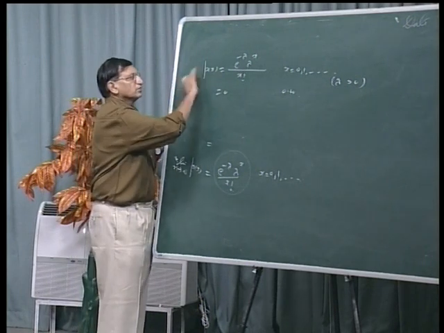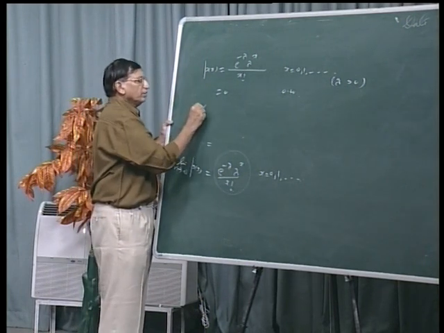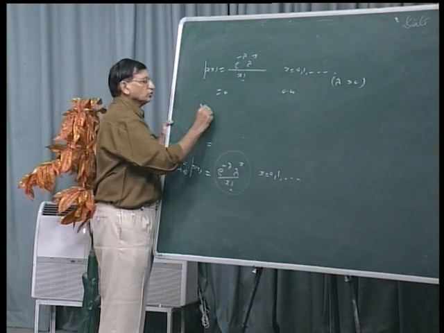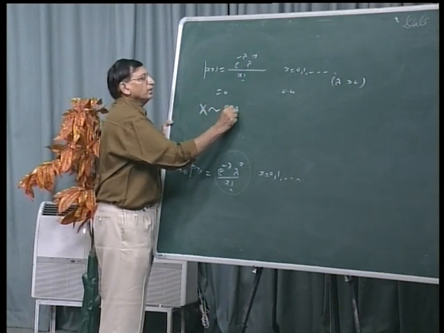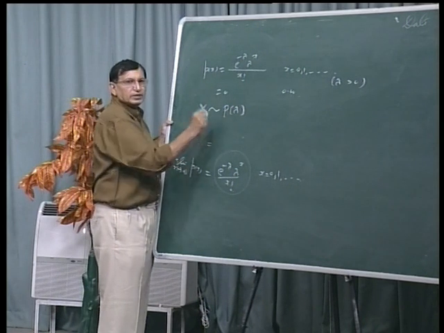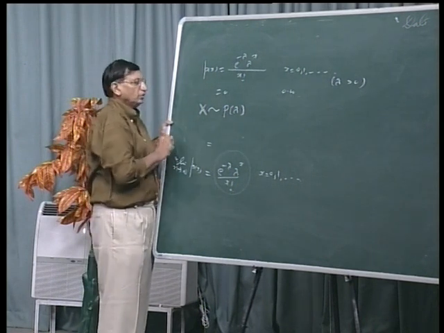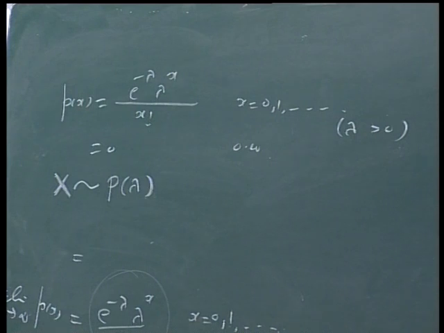If the probability function is given by this formula, then we say that x follows Poisson distribution, and generally we write the parameter lambda in brackets. So x follows Poisson with parameter lambda.